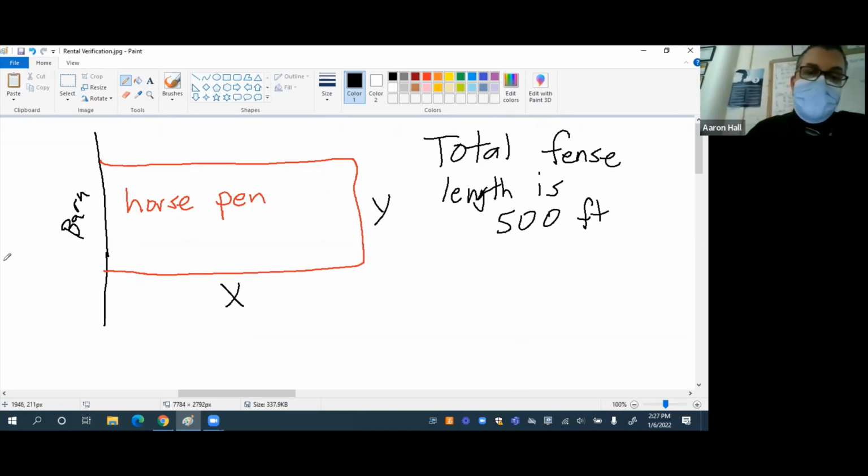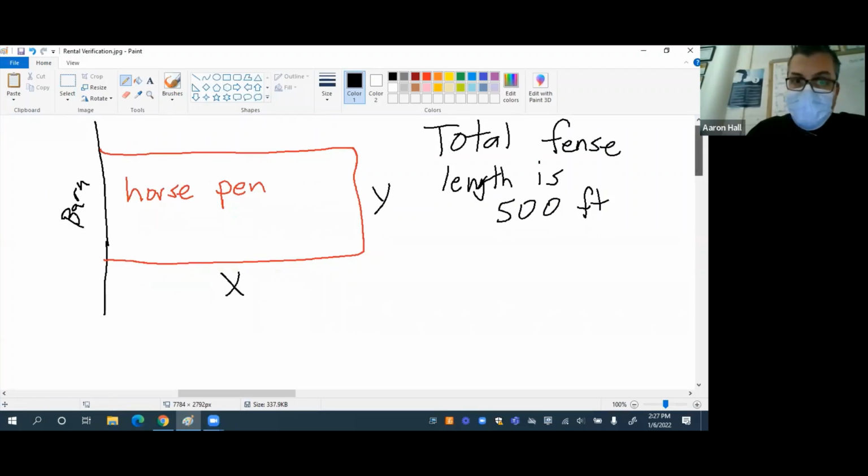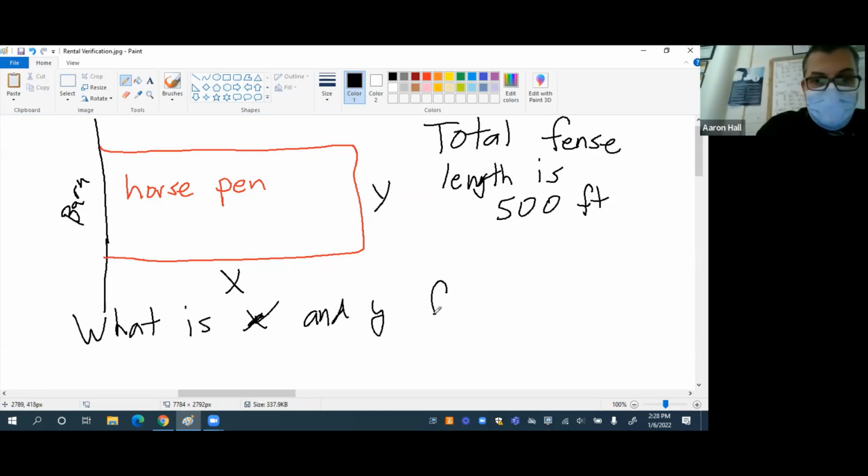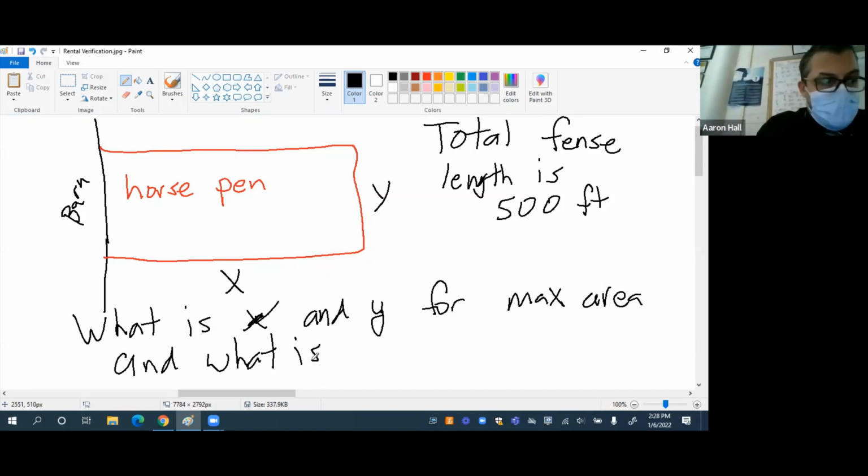I want to find my X and Y value that will give me the maximum area for my horses. What is X and Y for the max area, and what is the area?